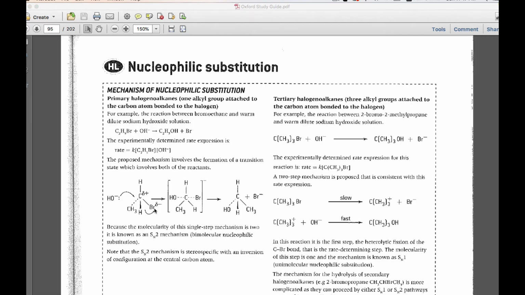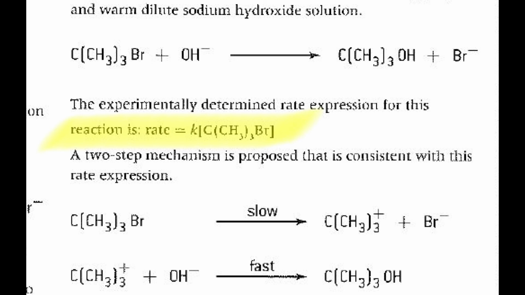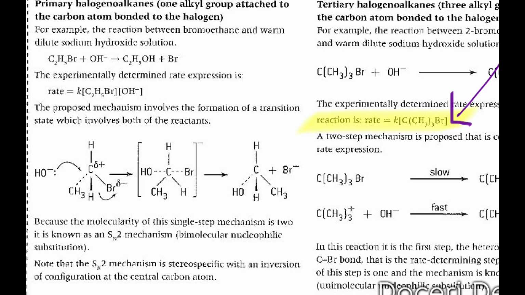And therefore, if there's no hydroxide, this rate will not be affected by the concentration of hydroxide. So if you remember, here we see that this was the rate law of the SN1 mechanism. And the SN1 mechanism, notice there's no hydroxide there. So the rate only depends on the halogen alkane. Whereas for the SN2, the rate depends on both the halogen alkane and the hydroxide.